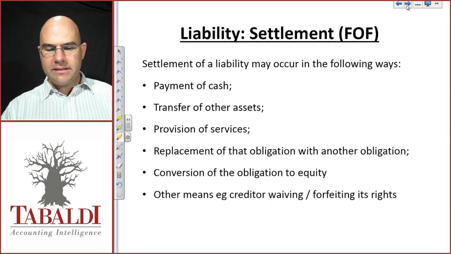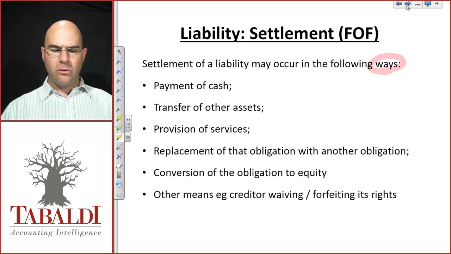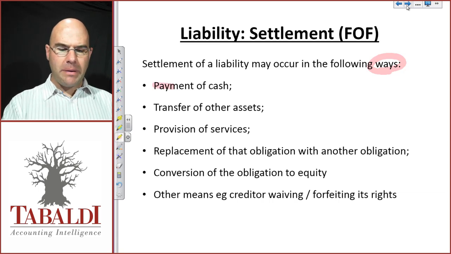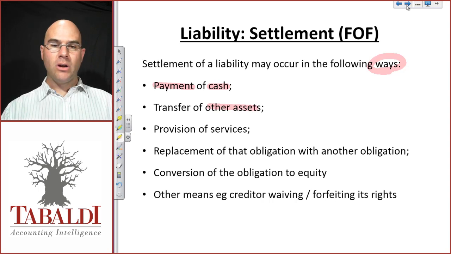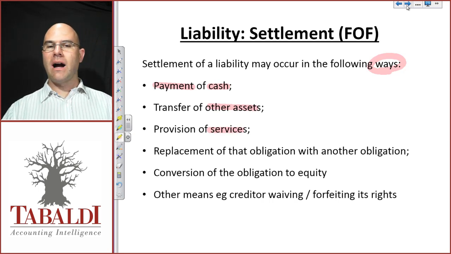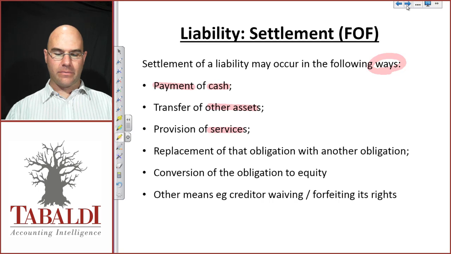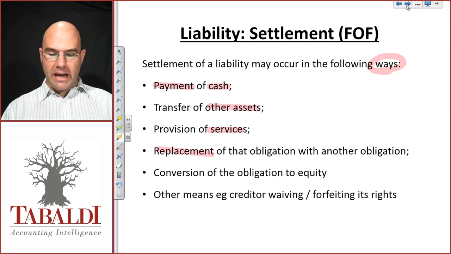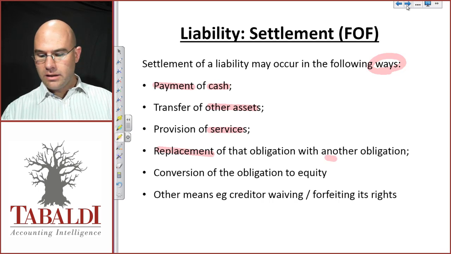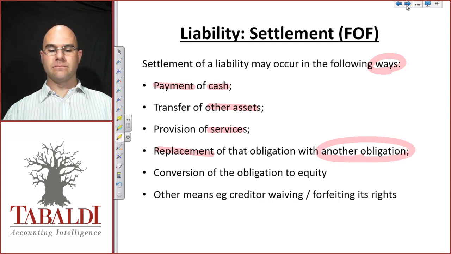Okay, the liabilities may be settled in a number of ways. The most common is payment of cash. Alternatively, other assets may be transferred, or services may be provided in settlement of that obligation. Another alternative is that our current obligation may be replaced with another obligation.